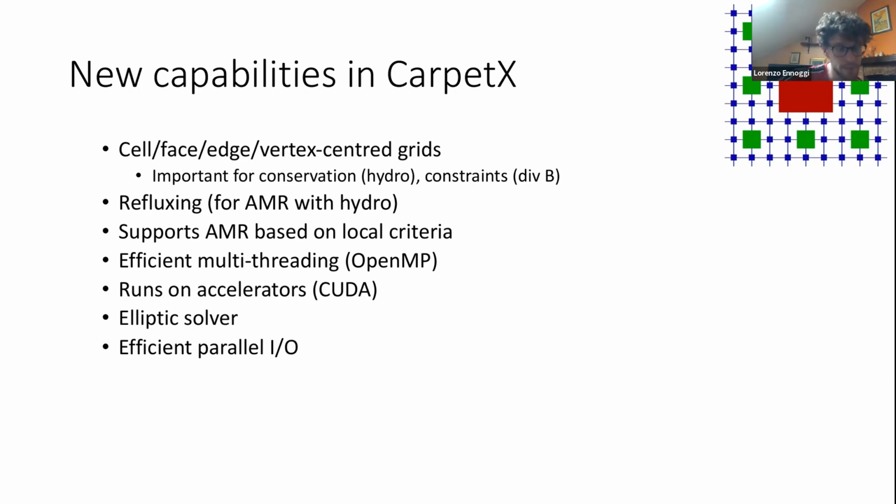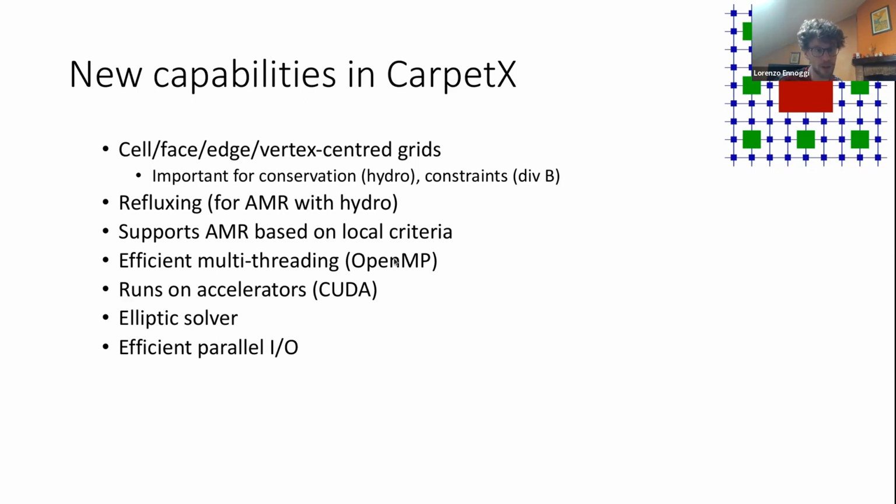This means that if you have a coarse grid and a finer grid, you compute the fluxes of some quantity on the coarse grid, then you move to the finer grid, and then you feed back the coarse grid with the fluxes you computed from the finest grid, and this ensures much better conservation. For example, the magnetic flux at refinement boundaries. So this is very important.